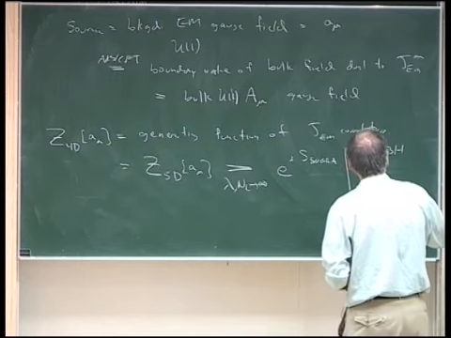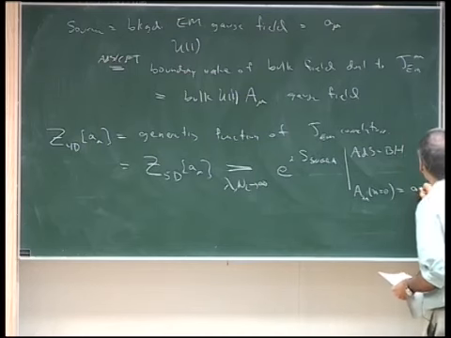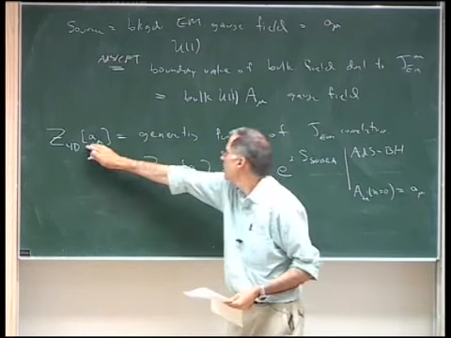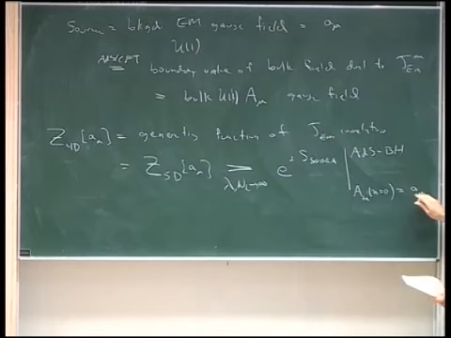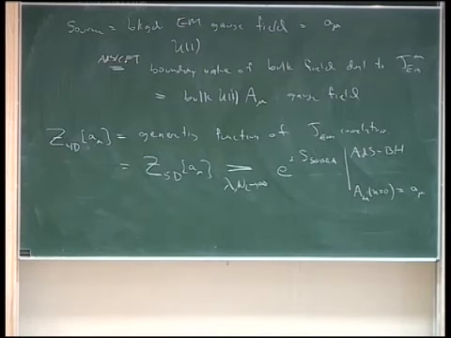So in the coordinates I'm using, the boundary is at u equals 0. So the source that appears here in my generating functional is now just that boundary value. Good.